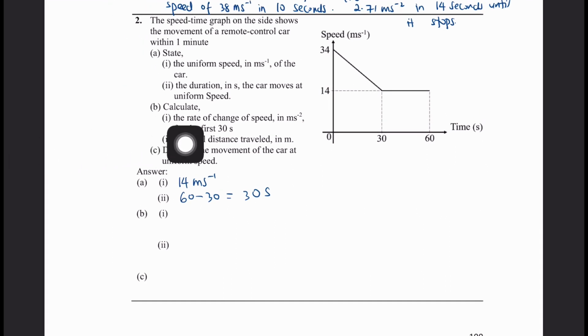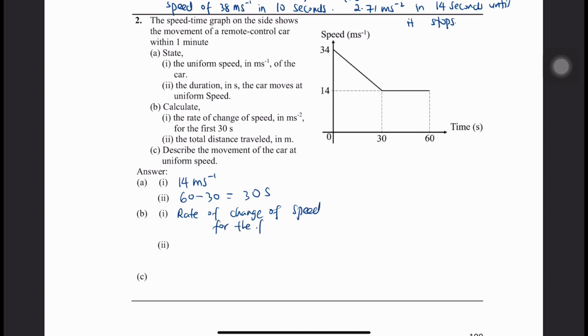Okay, B. Calculate the rate of change of speed. Rate kena guna koordinat lah kan. In ms-2 meter per second square for the first 30 second. First 30 second inilah trapezium ni. Okay. So kita boleh katakan rate of change of speed for the first 30 second sama dengan, okay, so the gradient of the first 30 second.